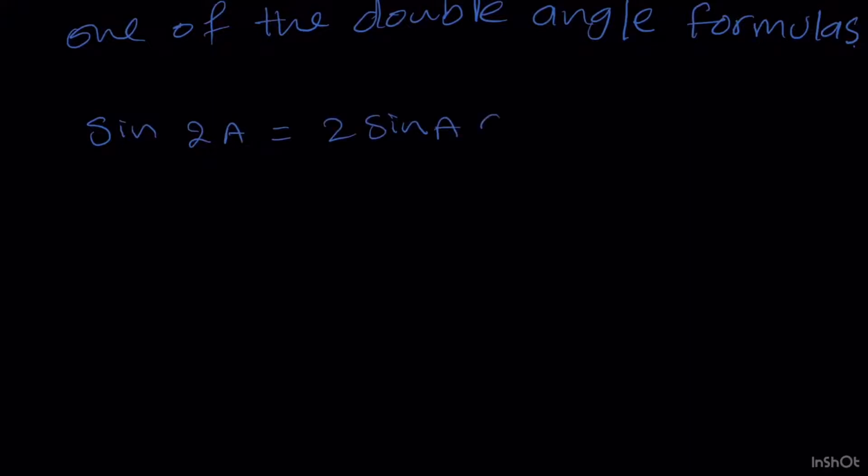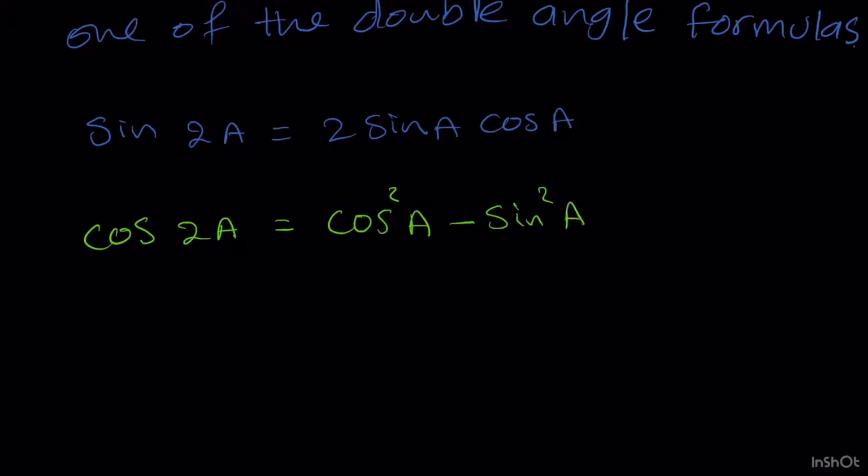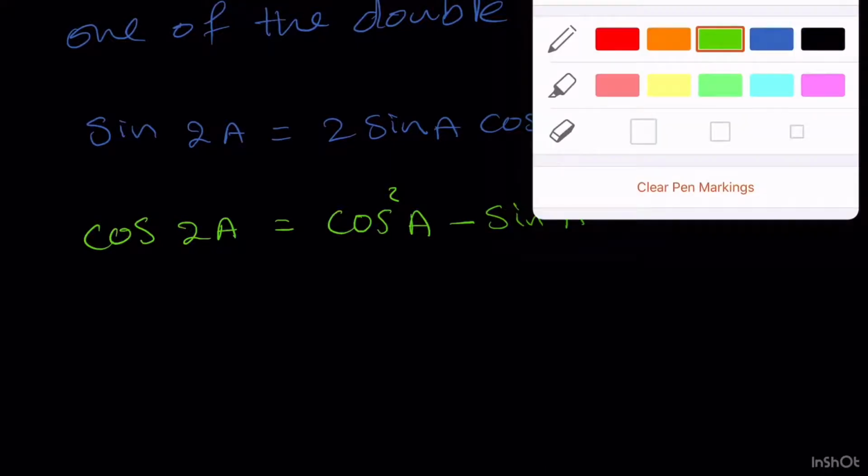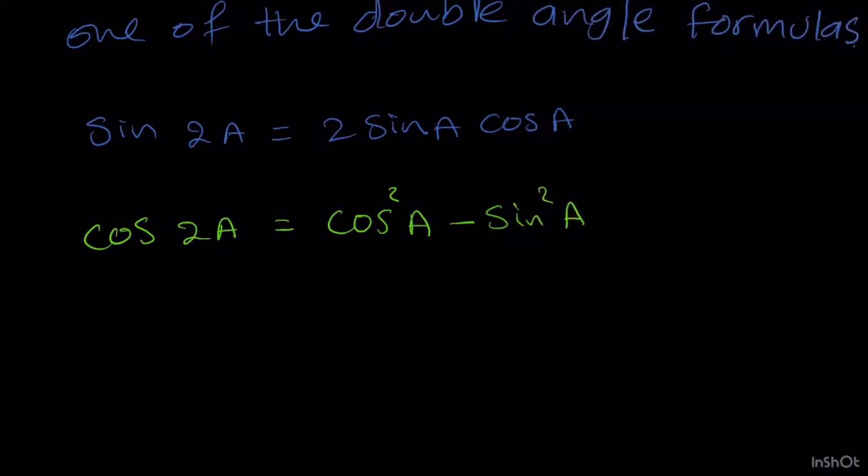a cosine a, and the other one is cosine 2a, which is cosine squared a minus sine squared a, and the last one is about the tan.